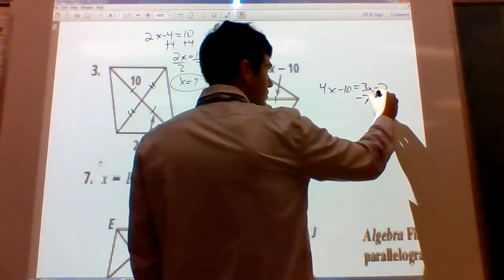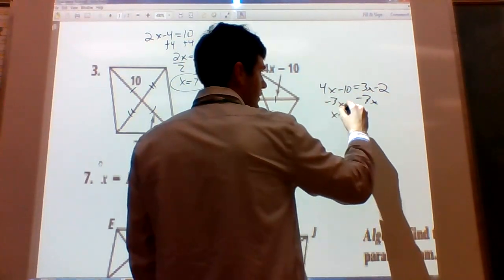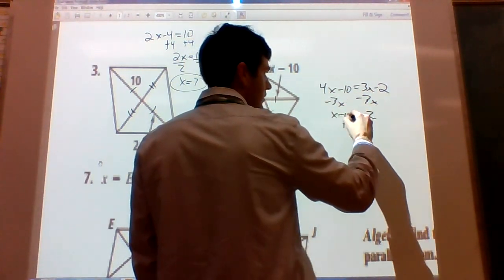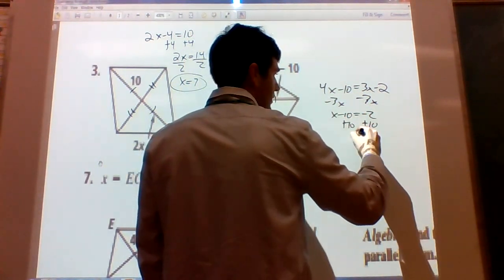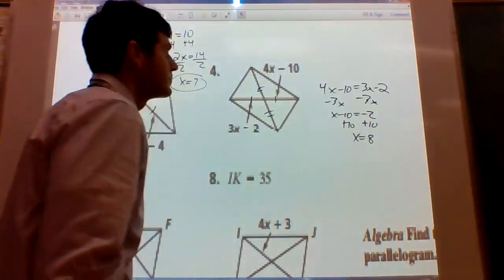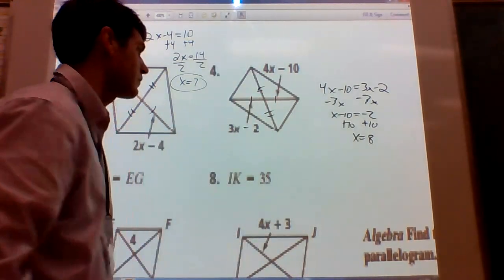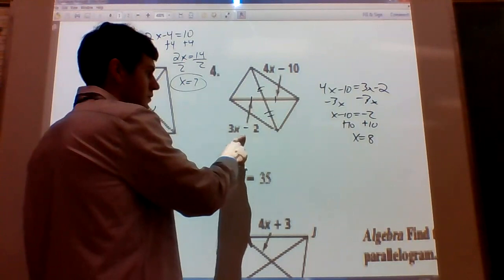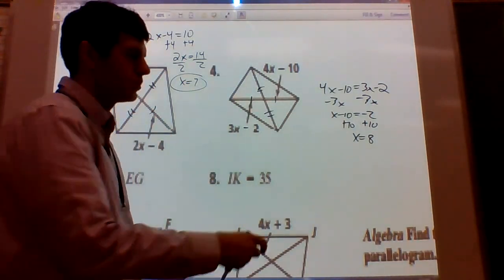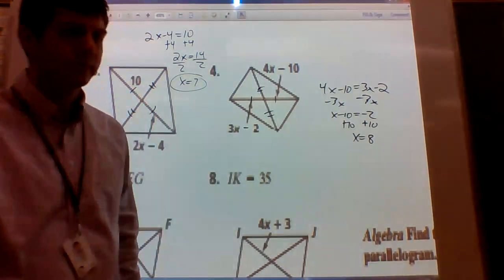Subtract 3x from both sides. We get x minus 10 equals negative 2. Add 10 to both sides. X is going to be 8. 8 times 4 is 32. 32 minus 10 is 22. 3 times 8 is 24. 24 minus 2 is going to give us 22.